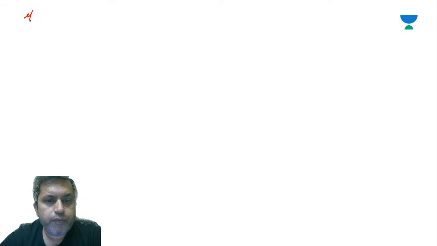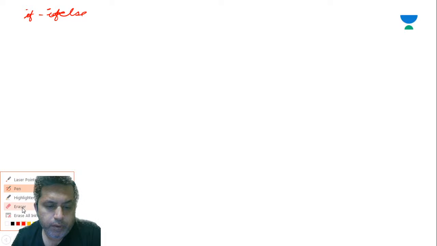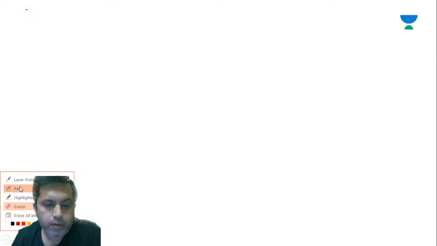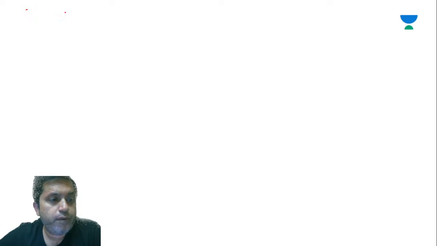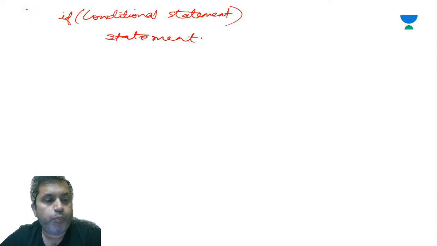We'll see if else, sorry, if. If conditional statement, that means whatever condition I am putting, if this is enclosed in a bracket before the if operation, and if its value is true, then immediately after the if statement the commands will be executed, group 1.